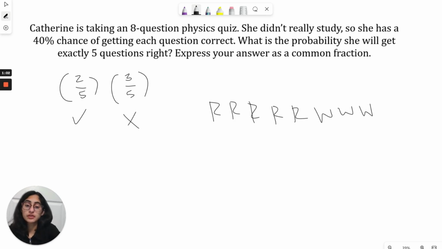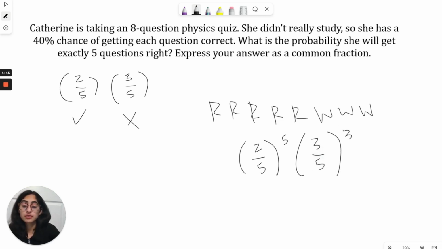So the probability of getting those 5 in a row right is 2/5 to the 5th, and the probability of getting it wrong is 3/5. So wrong will just be 3/5 times 3/5 times 3/5. So this right here is the probability that corresponds with the case that you get those 5 right and then 3 wrong, and that's exactly 5 questions right.